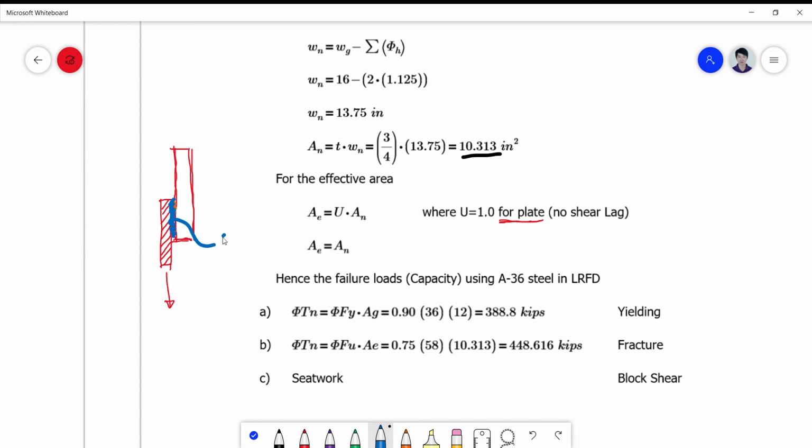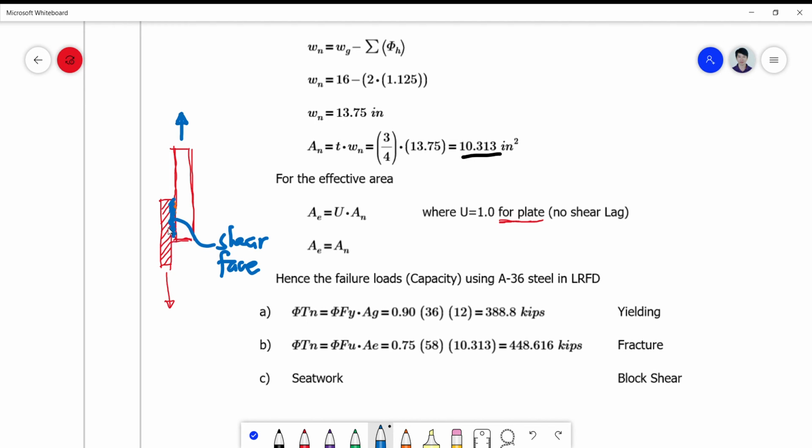Okay, so this is now the shear face, wherein the transfer of force from here to this component is due to the shearing effect happening within this face.